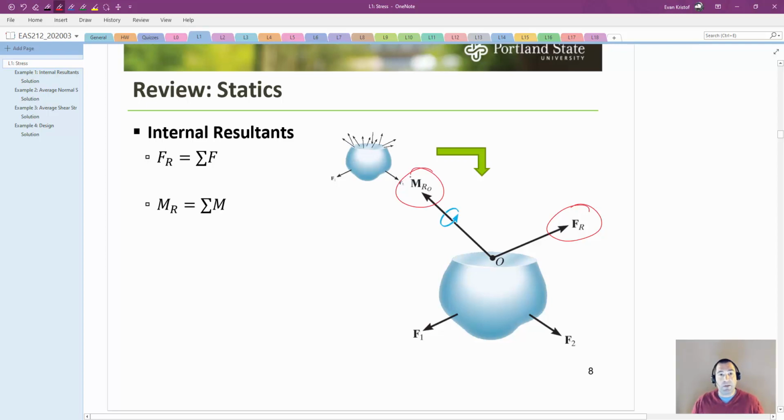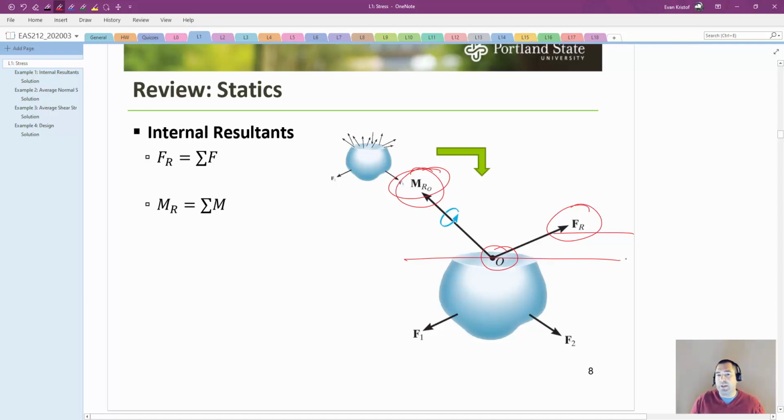That's just a vector sum and a vector product. So we take all of those forces in their different magnitudes and directions, we sum them up to get the resultant force, and then we use the basis of how to calculate a moment to figure out the net moment. And then each of those can be represented by a vector. So we have a moment vector, we've got a force vector acting through the centroid of that cross-section cut.